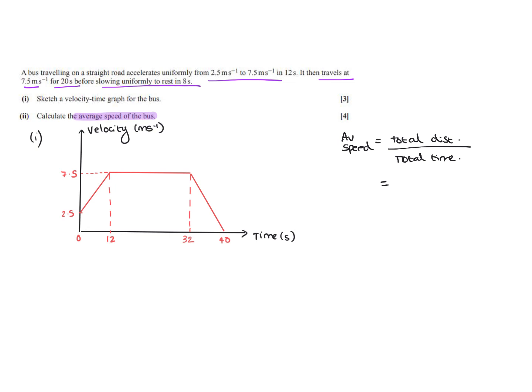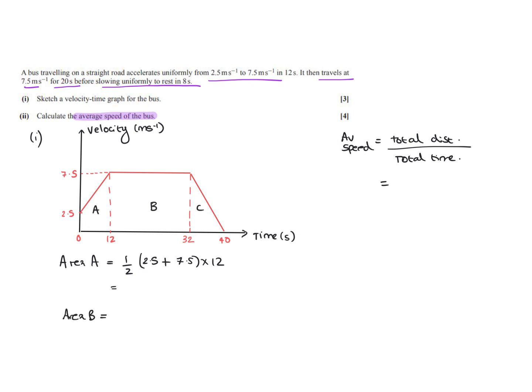Now, there are lots of different ways in which we can calculate this. I'm going to divide this up into 3 regions. So area A is a trapezium. So we want half the sum of the parallel sides multiplied by the distance between them, 12. So we can work out what area A is equal to.